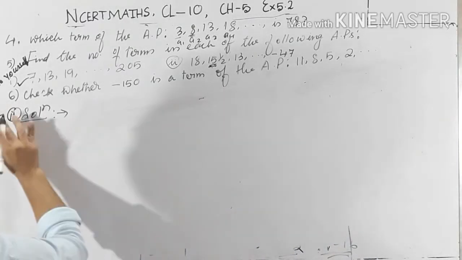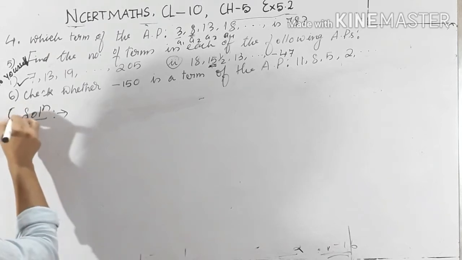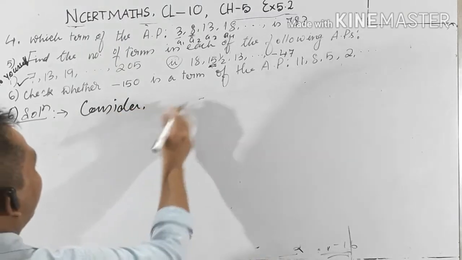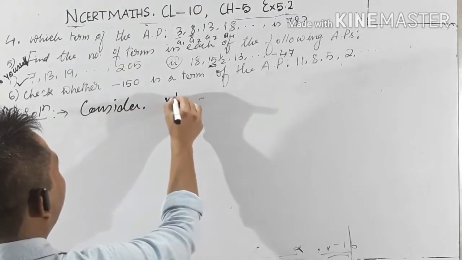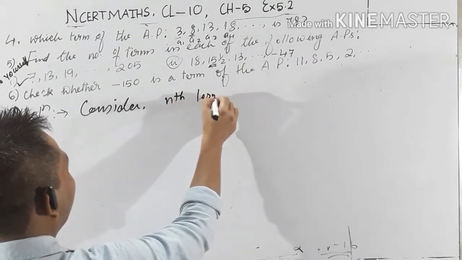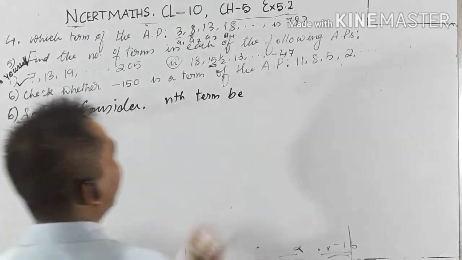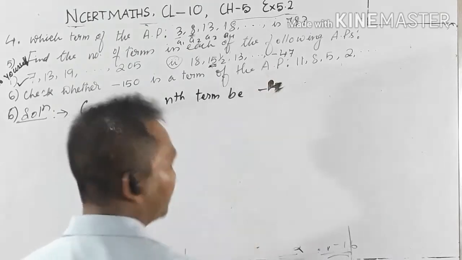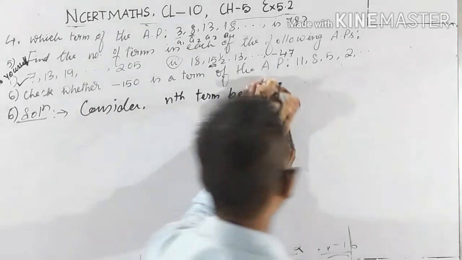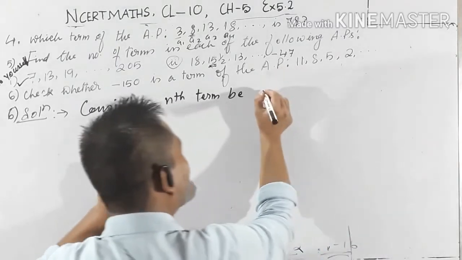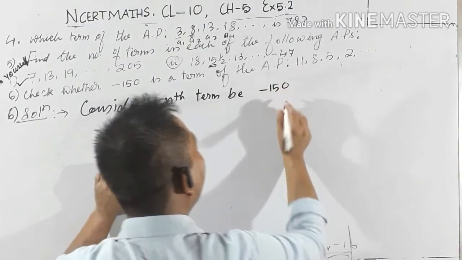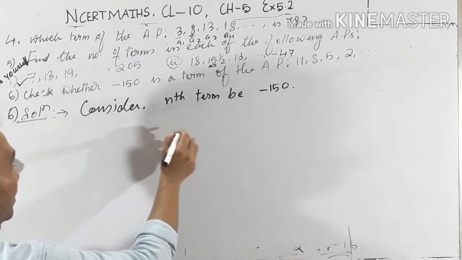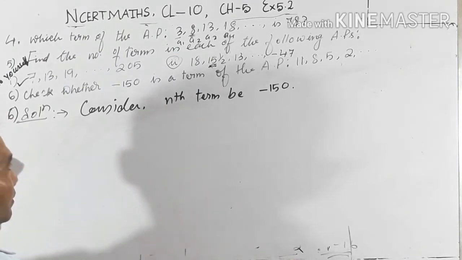Consider, this is question number 6. Consider the n-th term, term minus 150, as minus 150 of the given AP.